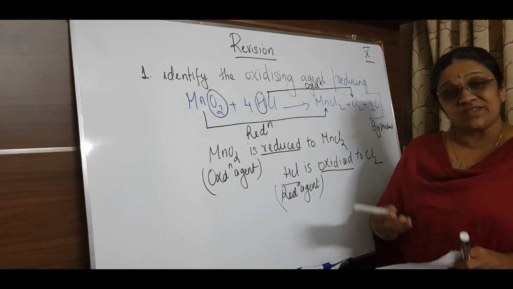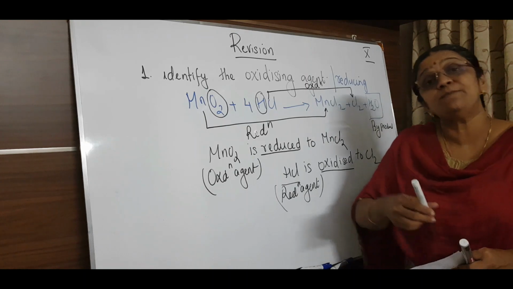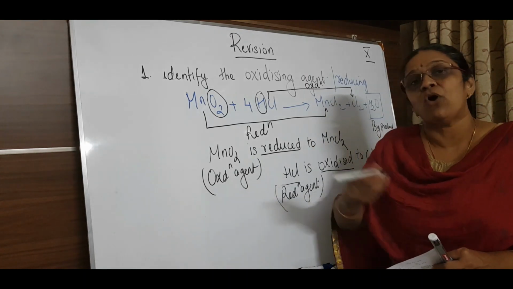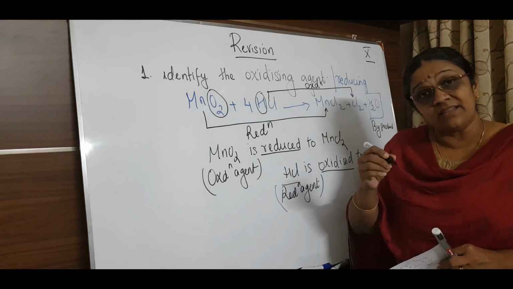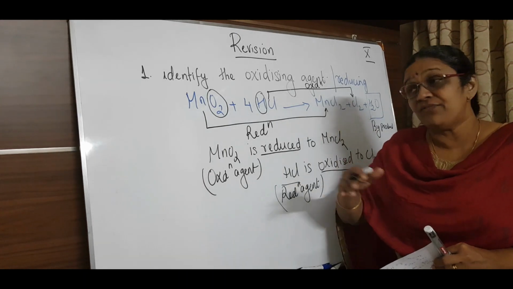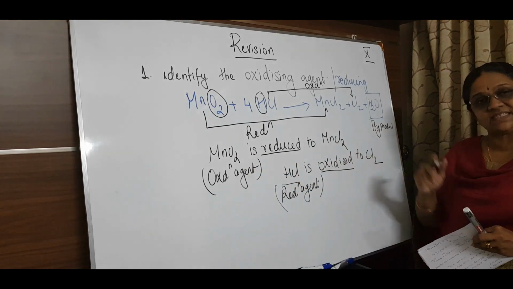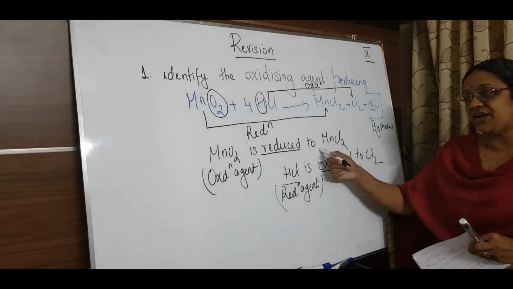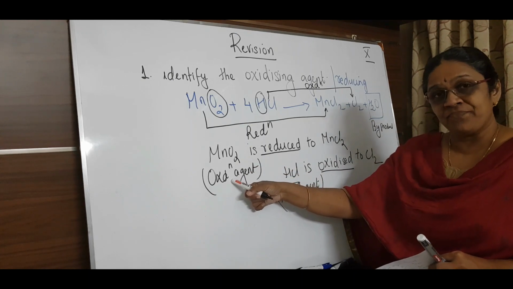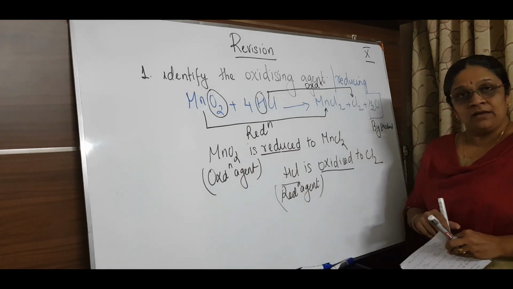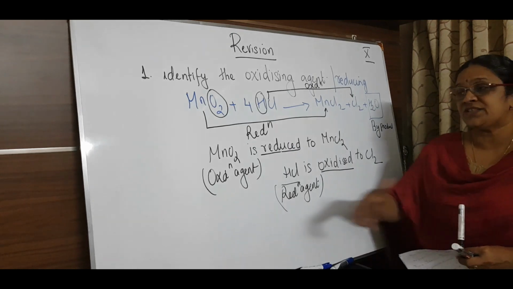As you know, an oxidizing agent means an agent that helps in oxidation. That means it can donate or give oxygen. But at the same time, it itself gets reduced. See, MnO2 is reduced to MnCl2. That means it is reduced, and at the same time it helps in oxidation.